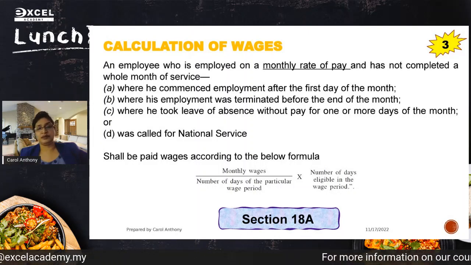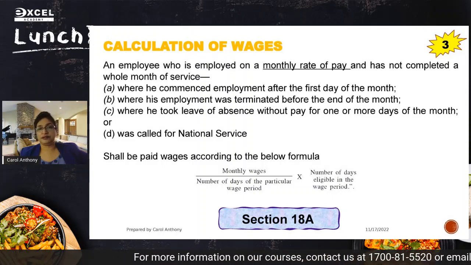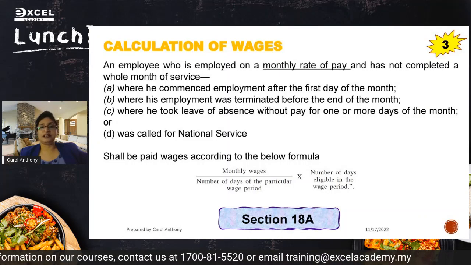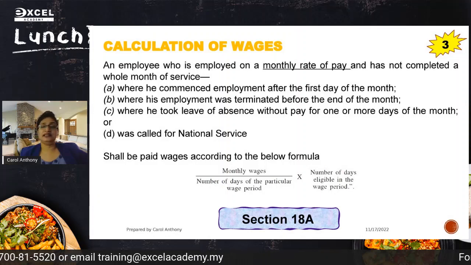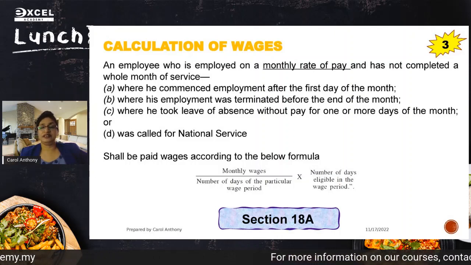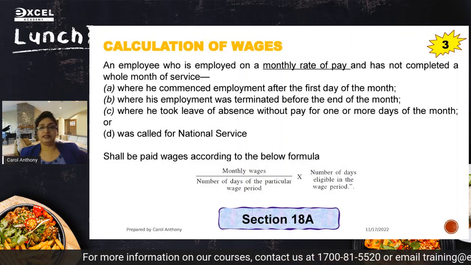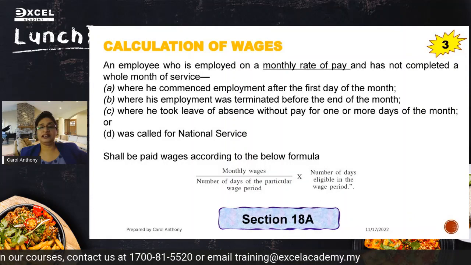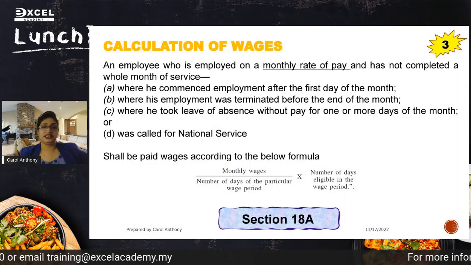So if he worked 15 days, you take the wages, divide by 30, times 15. If he leaves on the 10th of December, then monthly wages divide by 31, because December has 31 days, then times 10. So that's what these changes mean. Actually, as I mentioned, there's no change, but they want to put in the calculation to avoid confusion. This is in section 18A.